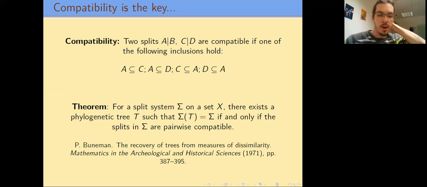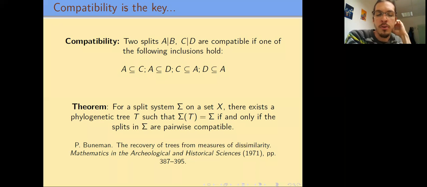And the theorem that dates from 1971 is: if you have a split system, there exists a phylogenetic tree T such that your split system is precisely the split system of the tree if and only if any two splits of your split system are compatible.